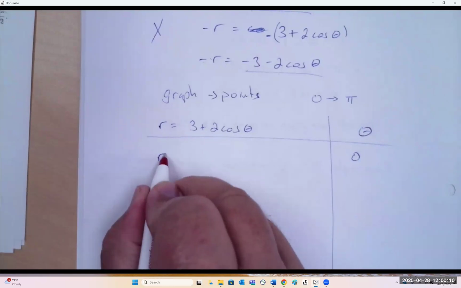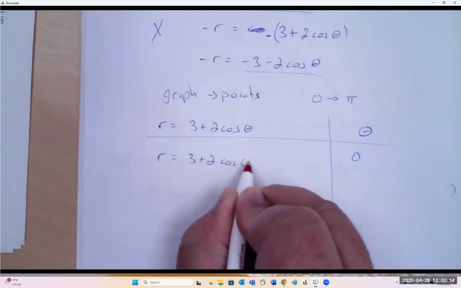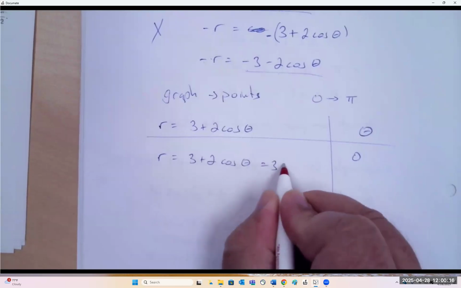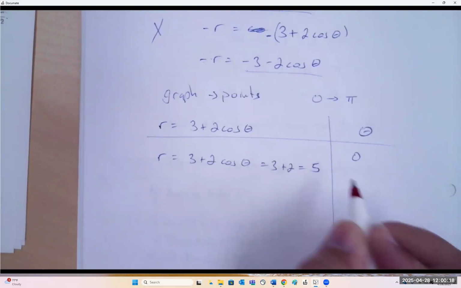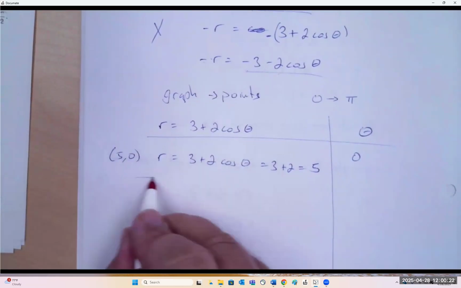So at 0, we have r equals 3 plus 2 cosine 0. 3 plus 2 equals 5. So it's 5, 0.